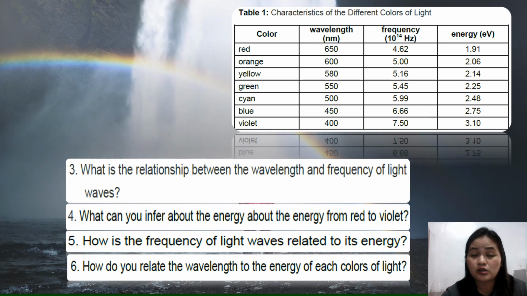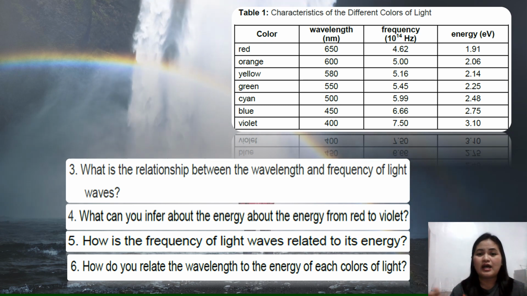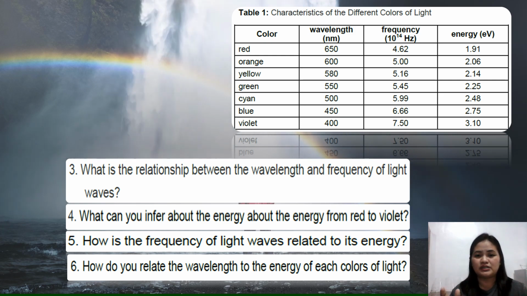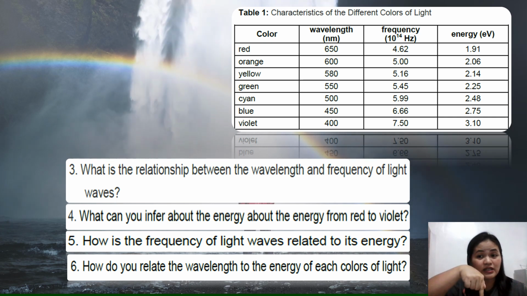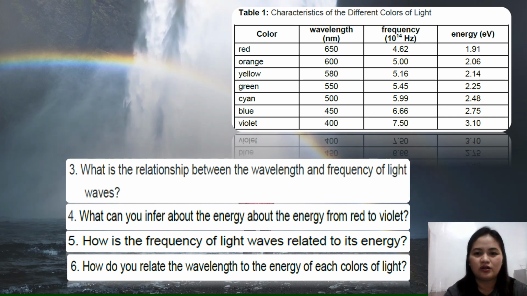Bumaba or tumaas? Energy from 191 down to 3.0. Bumaba o tumaas? So you could answer as wavelength increases, energy decreases, and vice versa. As wavelength decreases, energy increases. Ganun. Or inversely or directly proportional.